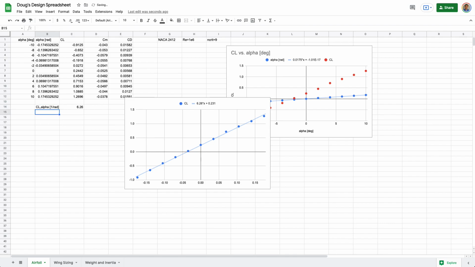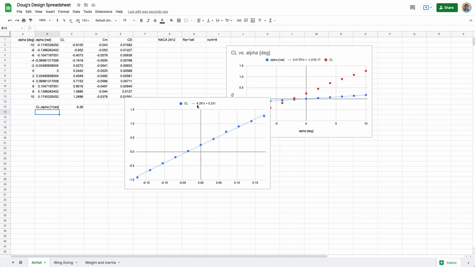And then the other thing that we need to know to characterize this is what's called the zero lift angle of attack. That's the angle of attack where we produce zero lift. You can look along this line, and actually you can use this equation: set this equal to 0 and solve for x, and it will give you an exact number in radians. You've got to remember we're in radians here.